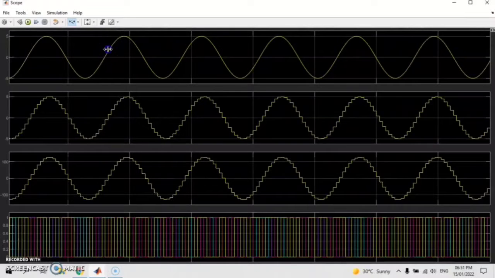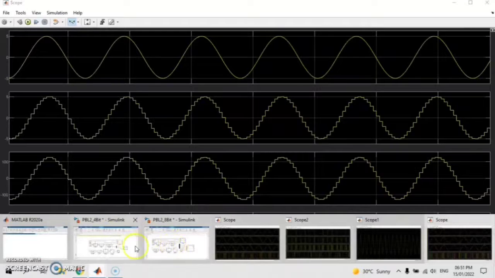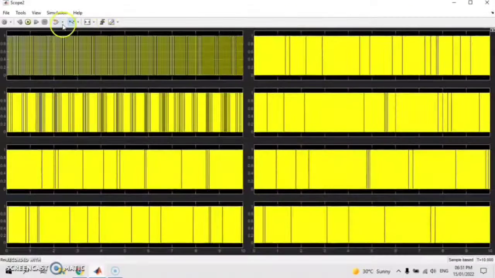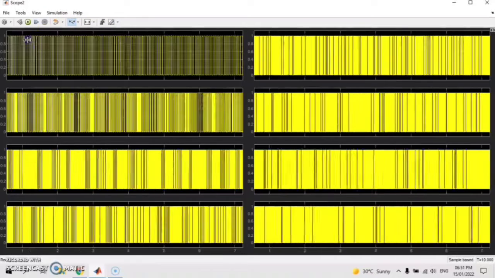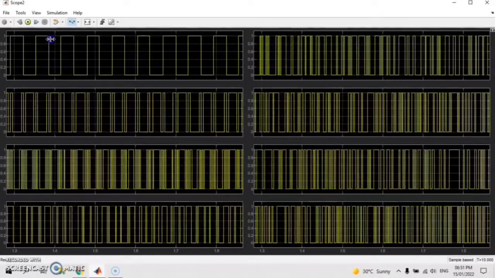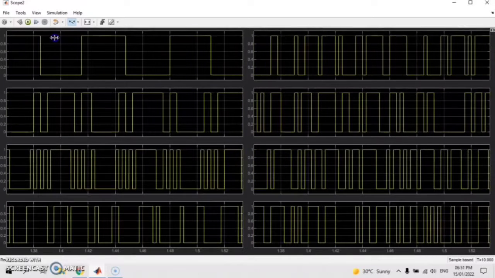This is the input signal, sampled signal, quantized signal, and the encoded signal. Now the scope for the number of bits encoded: this is the first bit, second bit, third bit, fourth bit, 5th bit, 6th bit, 7th bit, and 8th bit of the encoded signal.